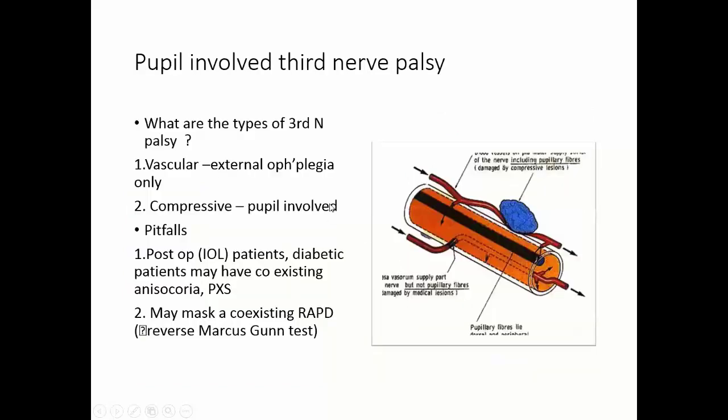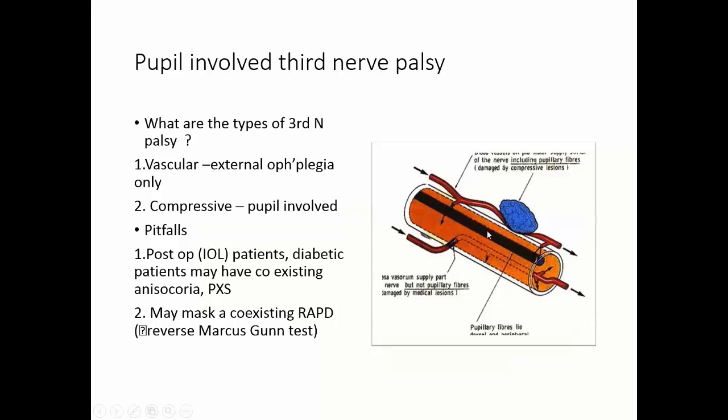So you may wonder why you get pupillary abnormality in the partial third nerve, whereas a complete third nerve due to vascular defect like diabetes and hypertension causes complete external ophthalmoplegia but no pupil involvement. This is the explanation.